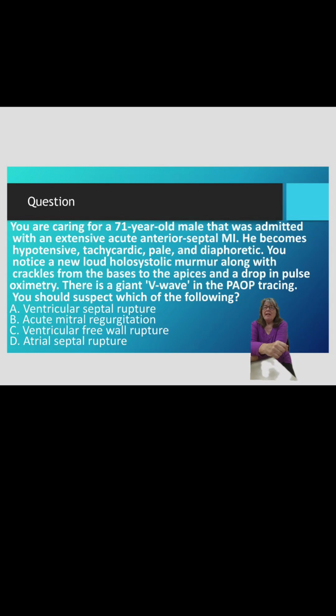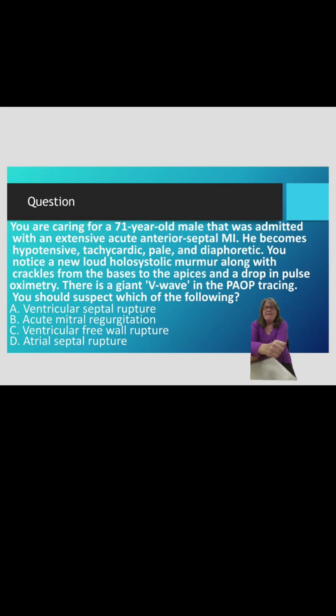All right, so you are caring for a 71-year-old male that was admitted with an extensive acute anterior septal MI. He becomes hypotensive, tachycardic, pale, and diaphoretic. You notice a new loud holosystolic murmur along with crackles from the bases to the apices and a drop in pulse oximetry.